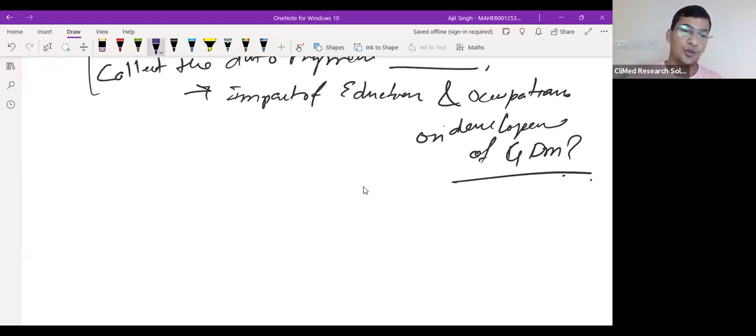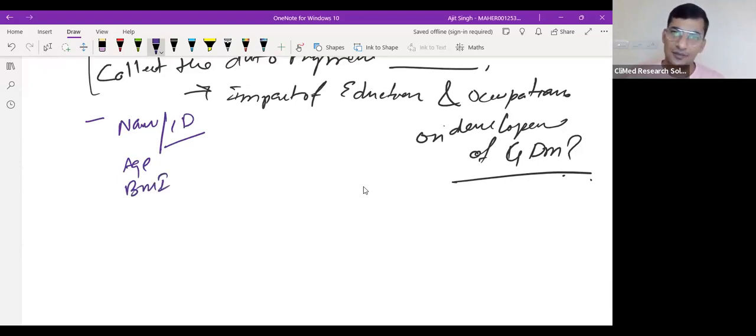Okay, so first thing, suppose name of the patient, or let's not think of name, the ID of the patient. Then age. BMI, and duration of pregnancy.